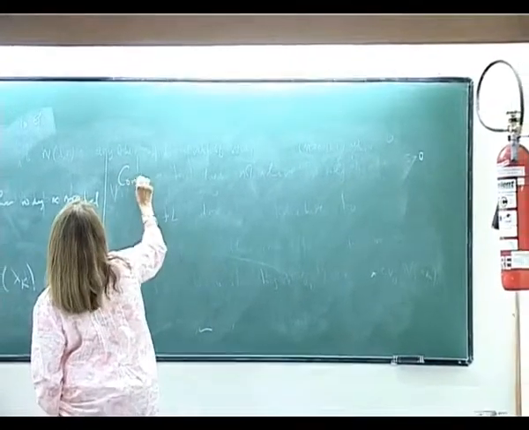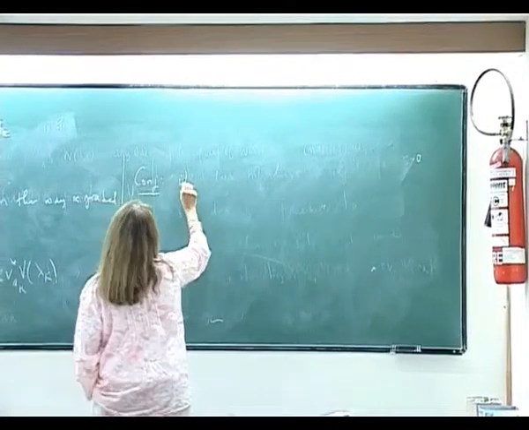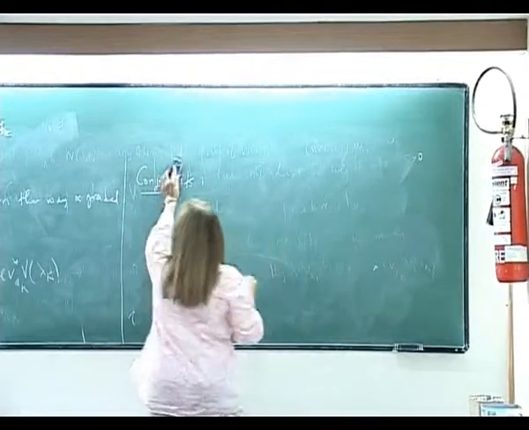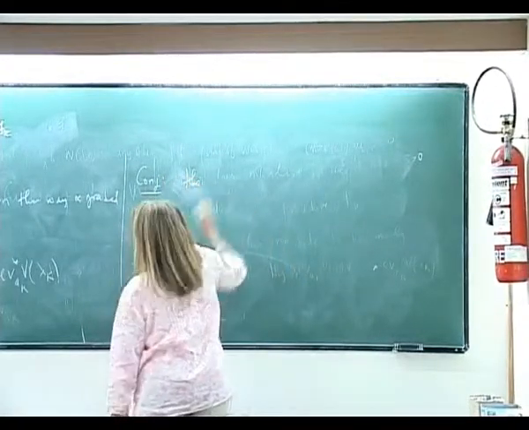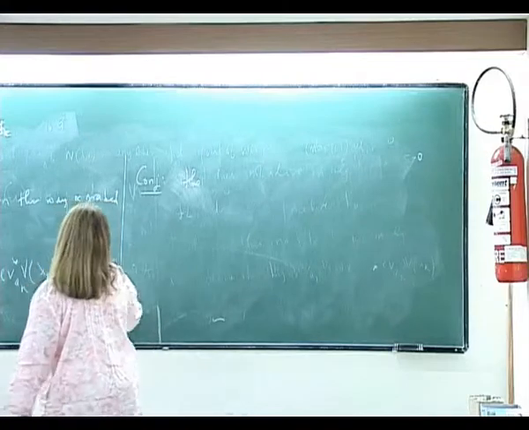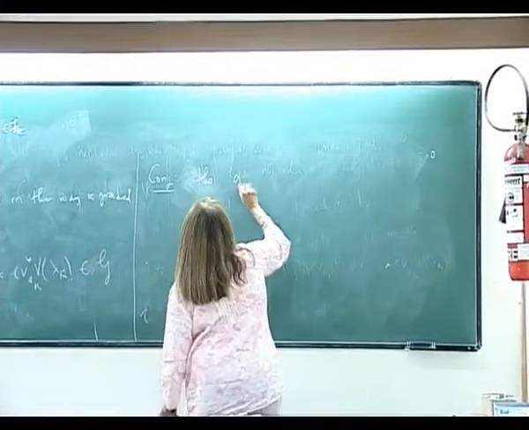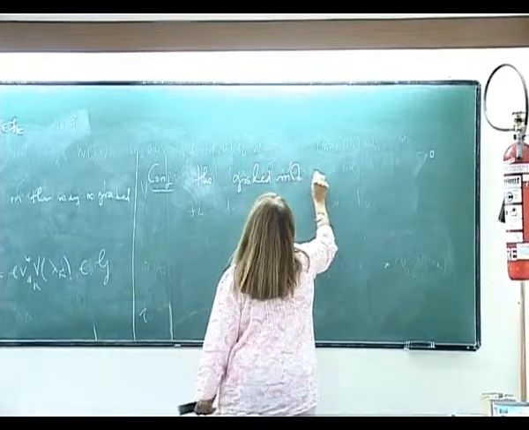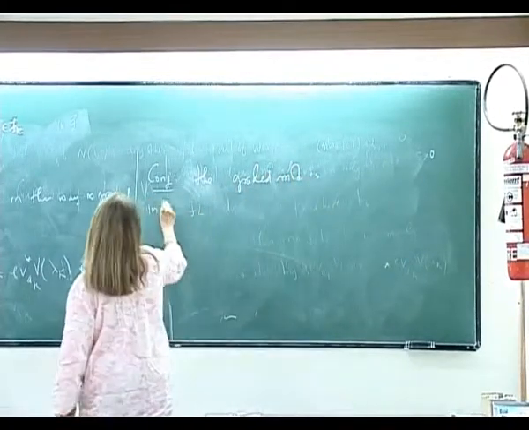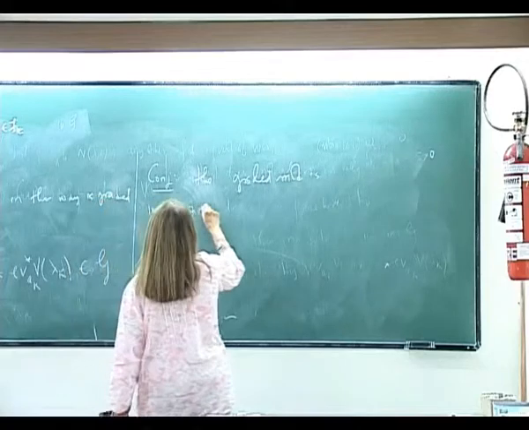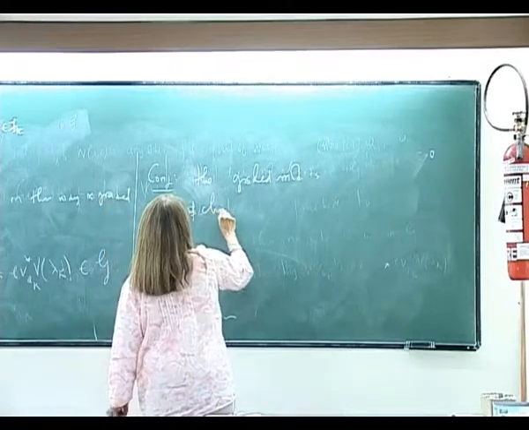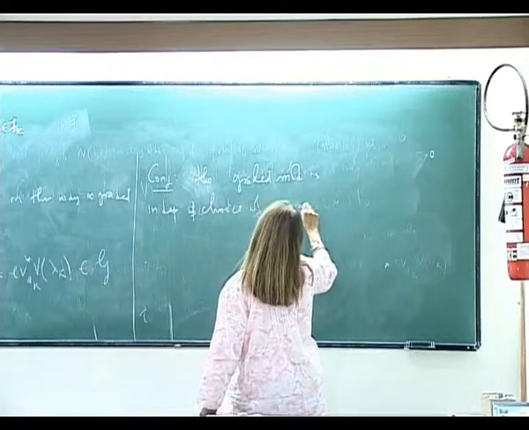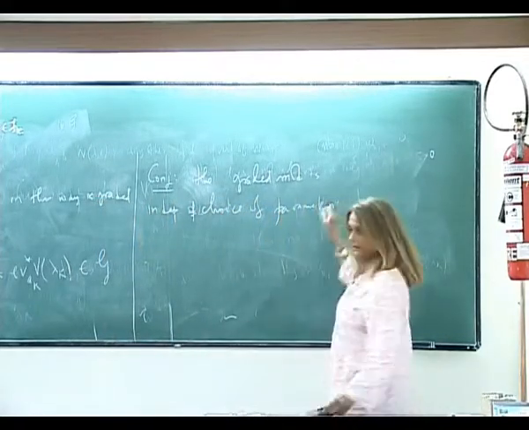Conjecture: this construction, the graded module so obtained, which lives in G, is independent of the choice of parameters a1 up to ak.